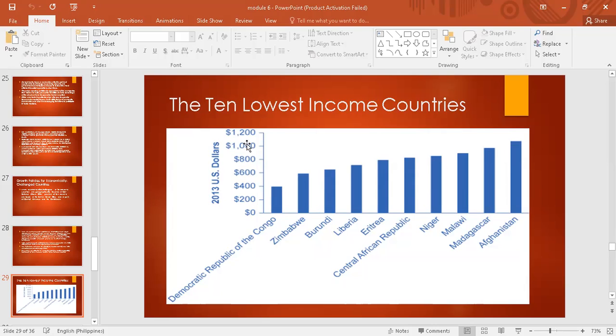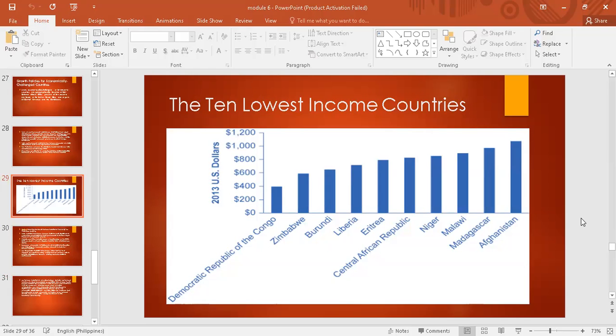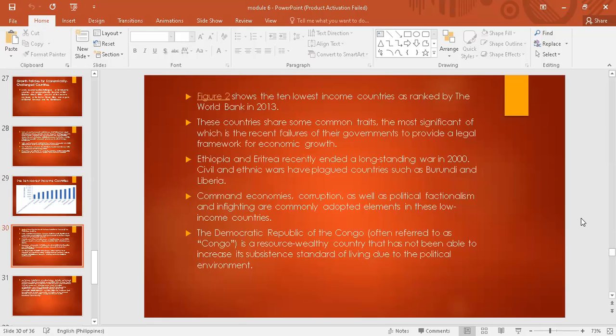Ibig sabihin, sa buong taon, the average na kinikita ng tao sa Afghanistan ay aabot lamang sa 1,000 or 1,200. Okay? So, itong mga bansang ito, they barely, if they have income, saan nila ni-spend? Hindi naman for buying appliances. Ano lang yon, for basic needs.